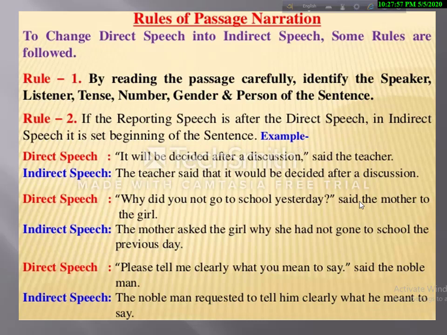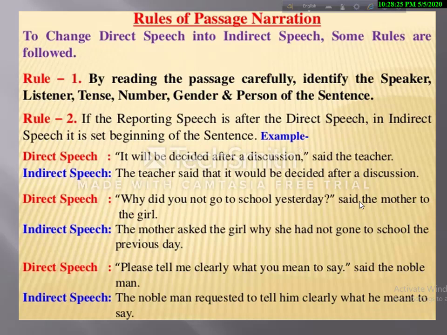Rule 1. By reading the passage carefully, identify the speaker, the listener, tense, number, gender, and person of the sentence. The first and foremost rule is that you will have to read the passage very carefully to identify the speaker and the listener, that means who is speaking and who is listening.